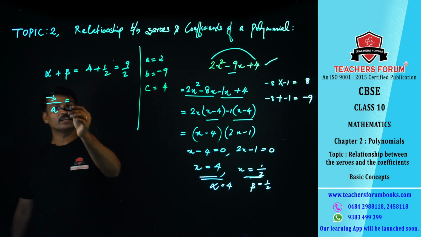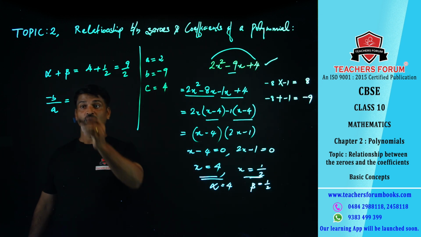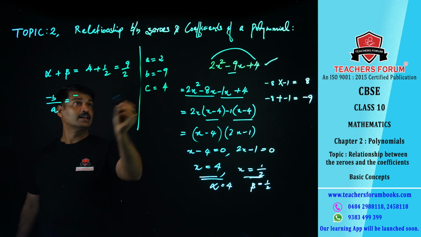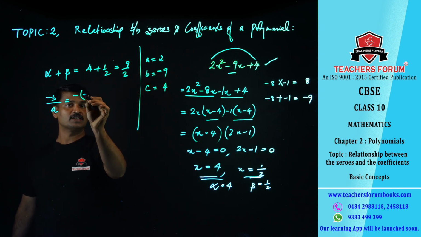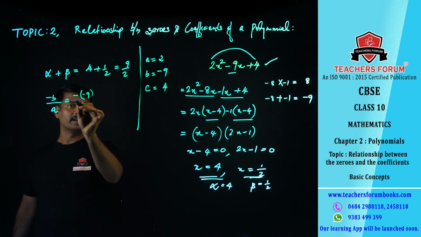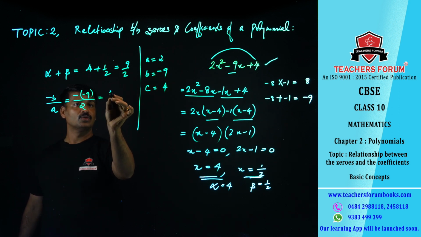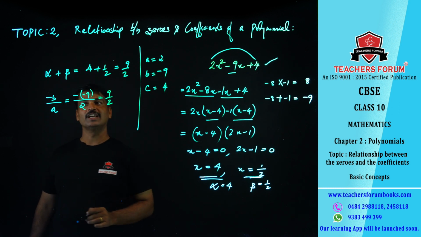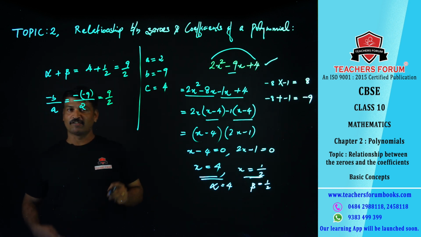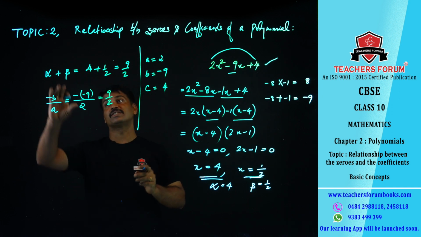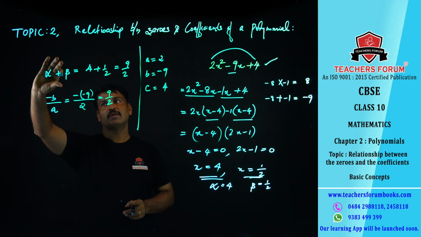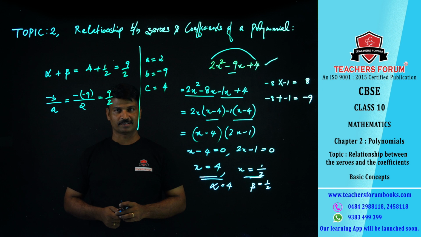Now let us find out the ratio minus b by a. What is minus b? b is minus 9. So minus b is 9, by a. What is the value of a? 2. That is equal to 9 by 2. You see, what is alpha plus beta? Alpha plus beta is the sum of zeros, and it is equal to 9 by 2 here.